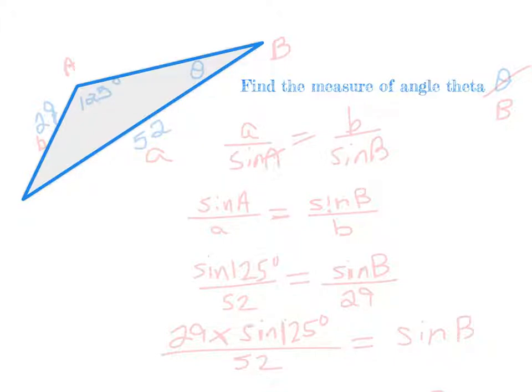So we can at least assume this angle would be smaller than the 125, certainly based on the picture, but don't go by the picture. Go by the fact that it's 29 over here and 52 over here. 52 will go with the larger angle, 29 with the smaller one. So 27.2, yeah, that seems to make sense. Seems like a pretty reasonable answer.